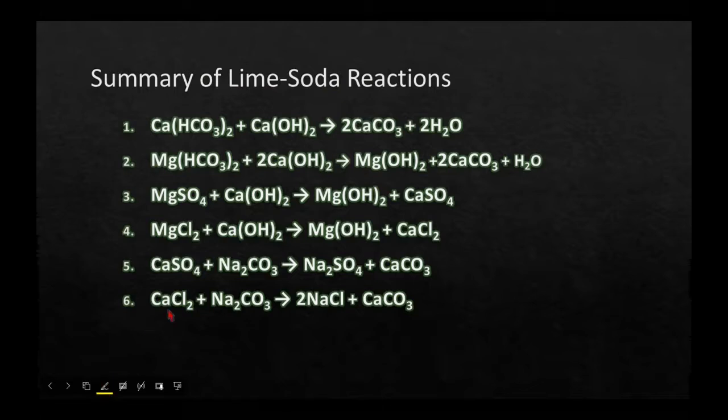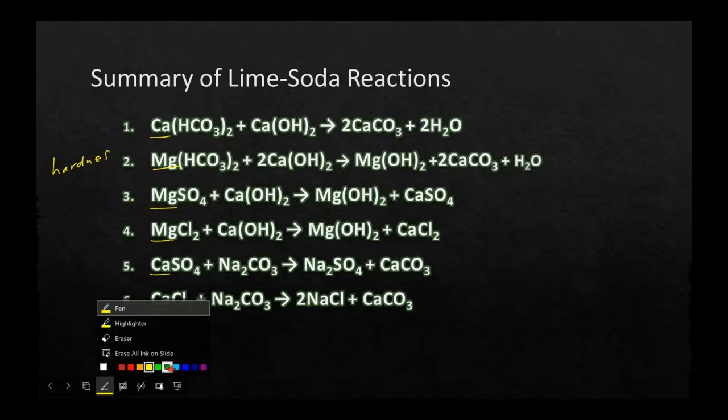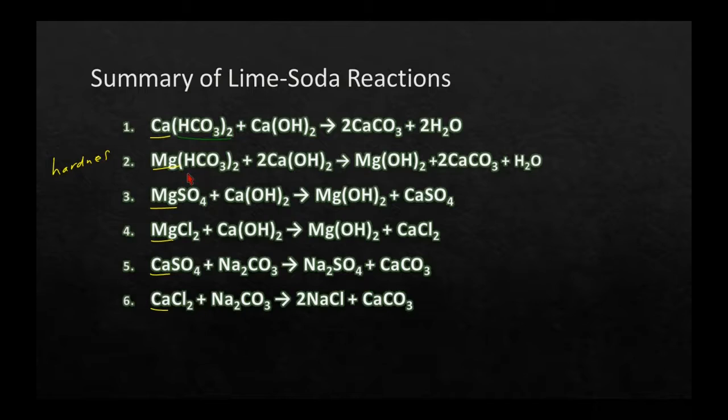soda softener. Then the next thing is we've got certain anions and cations. So cation, cation, cation. And those cations are either calcium or magnesium, and because they're calcium or magnesium, this is hardness. And then we also have certain anions. And so here's an anion, there's an anion.